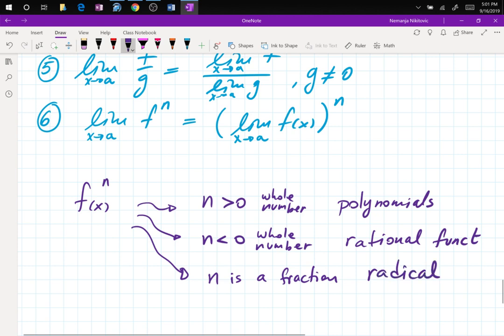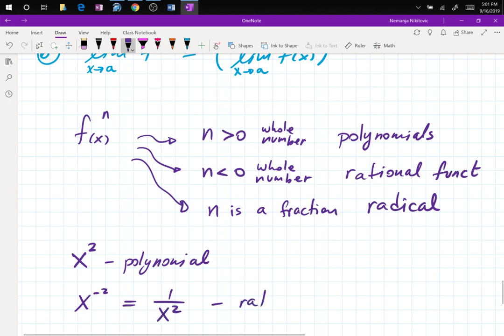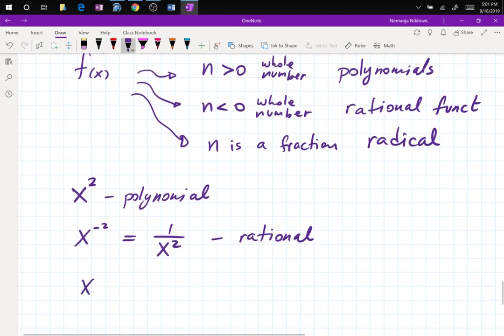So this one case covers all of these, and I'm going to immediately give the example. x squared is a polynomial. x to the negative 2 is actually equal to 1 over x squared, and that is rational. And x to the 1/2 is the square root of x, which is radical.